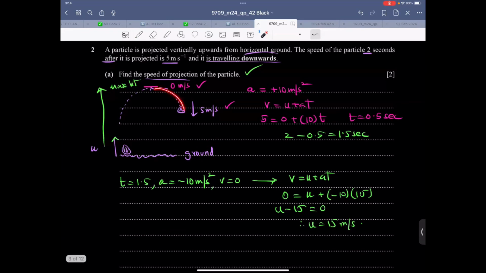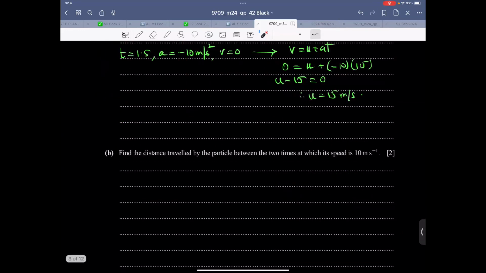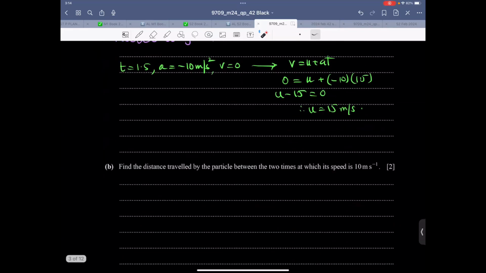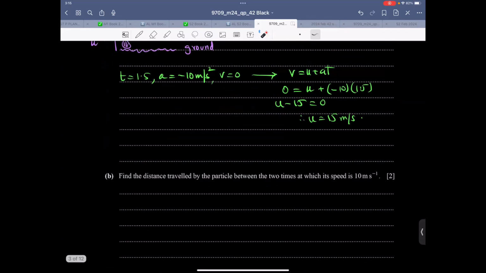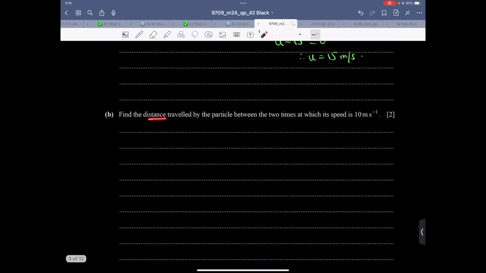Actually, we need this distance and this distance, the 2 times for which it's traveling at the speed of 10 meters per second. So the speed will be 10 meters per second when it's going up and 10 meters per second when it's going down. So what we can do is that, and we need the distance.